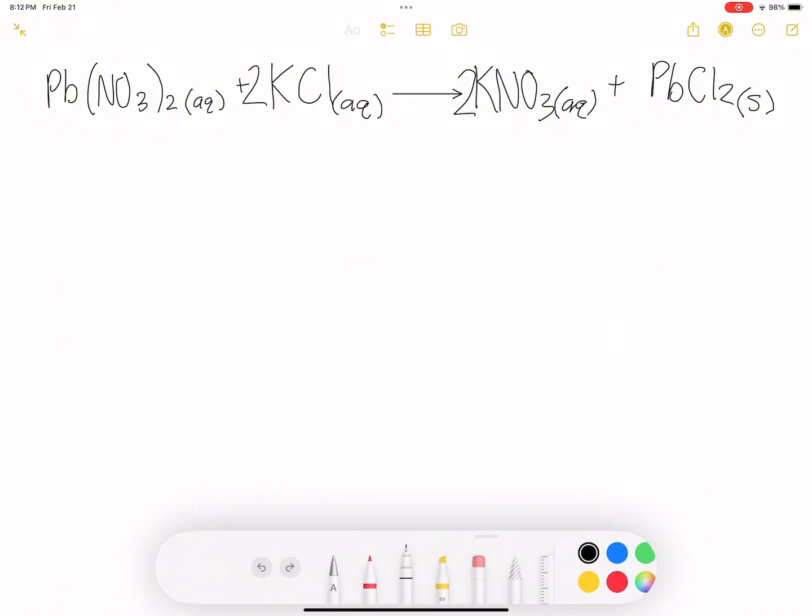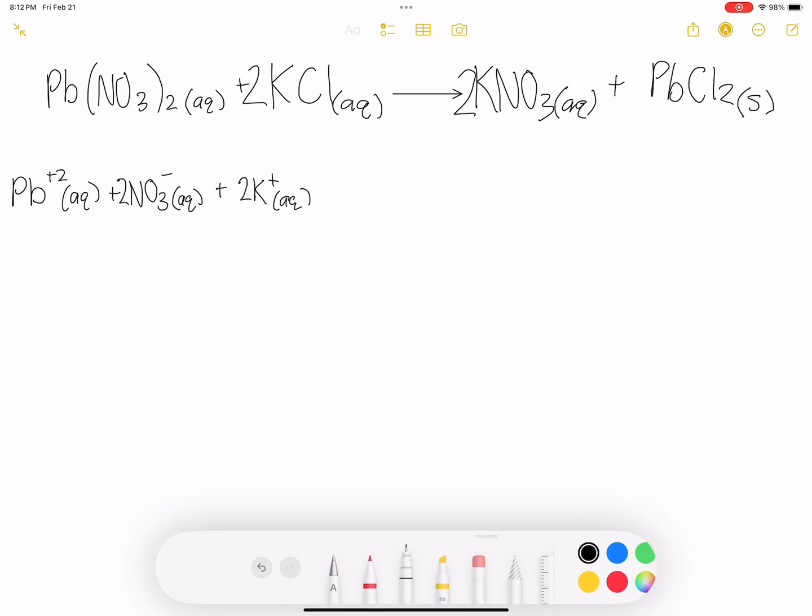Alright, so now that we have our equation fully balanced, the next step would be to write our total ionic equation. To do this, remember, we must dissociate all the aqueous compounds. So we can write Pb2+ aqueous, or lead just as the ion, and 2NO3- aqueous as the ions. Do not forget the charges.